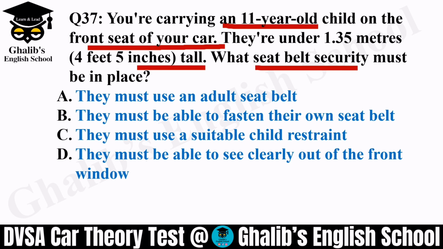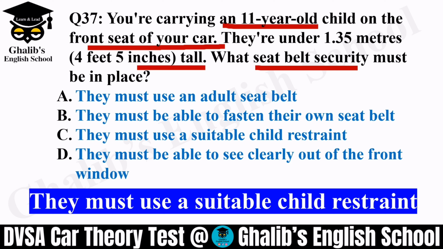Which seat belt are they going to use? They must use an adult seat belt. They must be able to fasten their own seat belt. They must use a suitable child restraint. They must be able to see clearly out of the front window. The correct option is they must use a suitable child restraint.